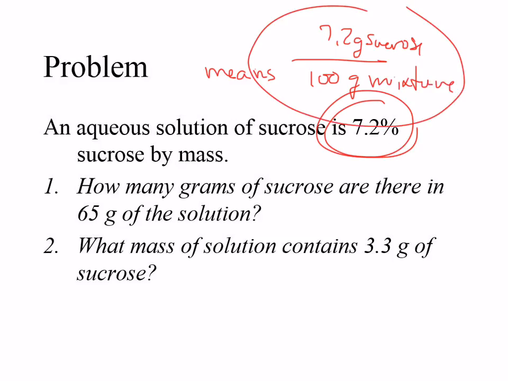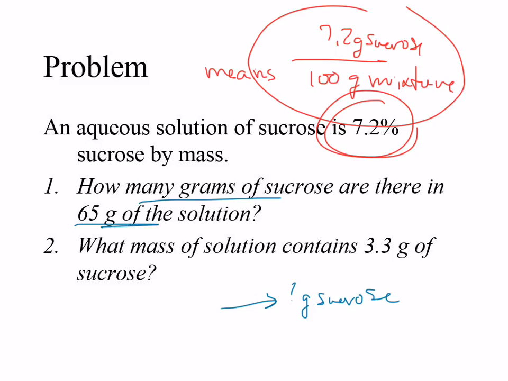That's what it means. And it's a physical property of the sugar solution. And just from the units, you see how we can use it to get back and forth between grams of sucrose and grams of solution. So the first one, how many grams of sucrose? So I'll put question mark grams of sucrose. And the only reason we had to do this was because it's the mass percent, right?